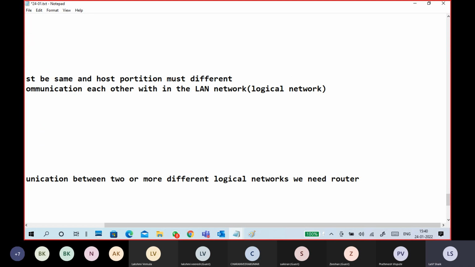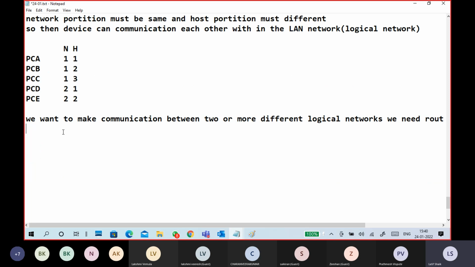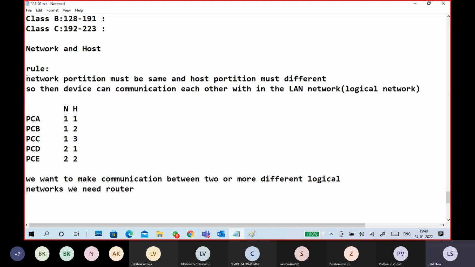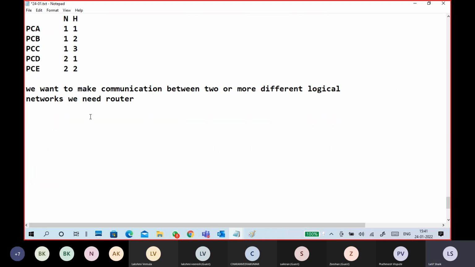We need a router to make communication between different logical networks. So this is another point. The first important rule is the network portion must be the same and the host must be different in the same logical network.